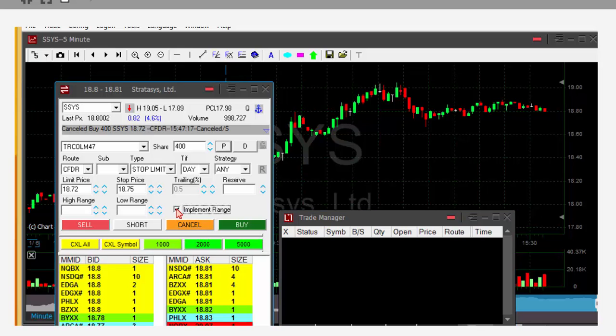Implement range. Stop price, sorry, at 75. I want to short it when the price here reaches 75. Limit at 72. The low range is 1860. The high range is 1890. Sorry, I have to use a point, 90. Now look at what I'm doing here.